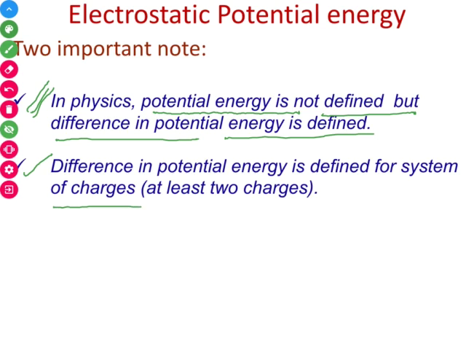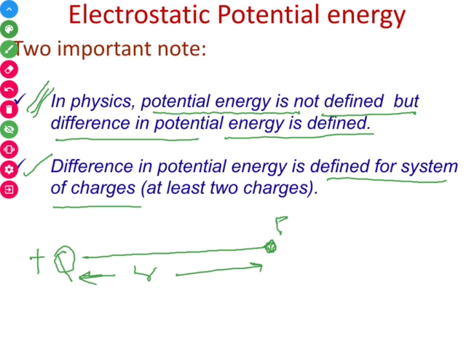This is very important, because say for example there is one charge q, this is the charge plus q, and suppose I want to find the electric potential at this point P, which is r distance apart from here. Then the potential here is 0.